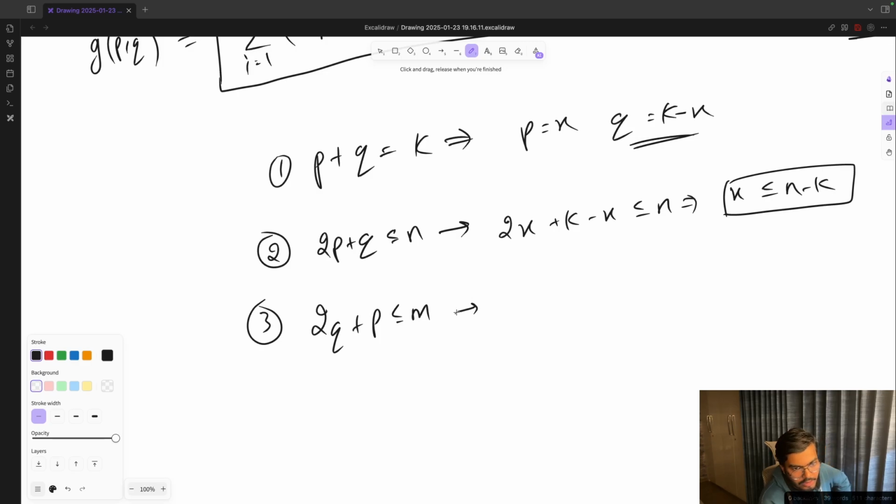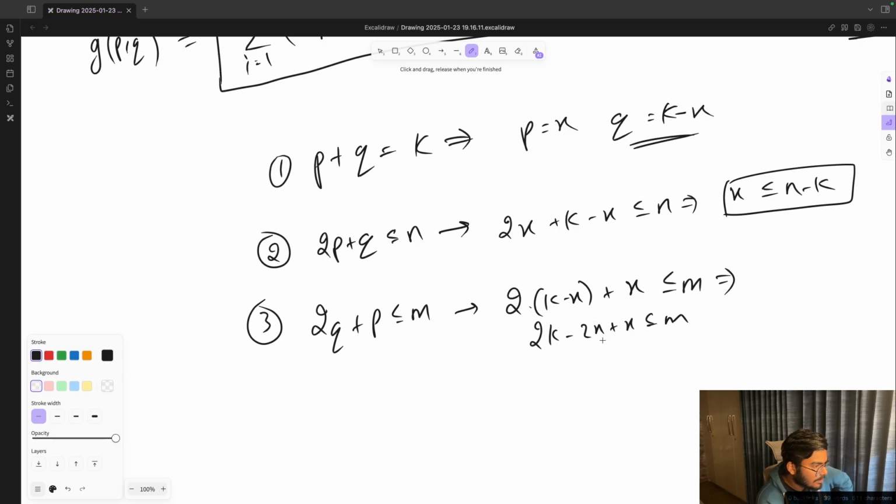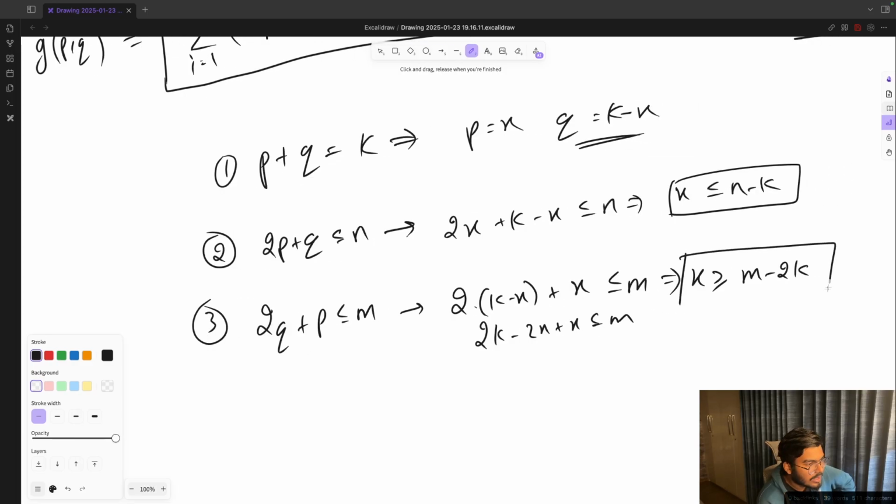If I put in all the values, 2 times k minus x plus x less than or equal to m, and this value will become 2k minus 2x plus x less than or equal to m, and this is minus x. So x is greater than or equal to m minus 2k, right? Yeah, so this is another condition that we have.